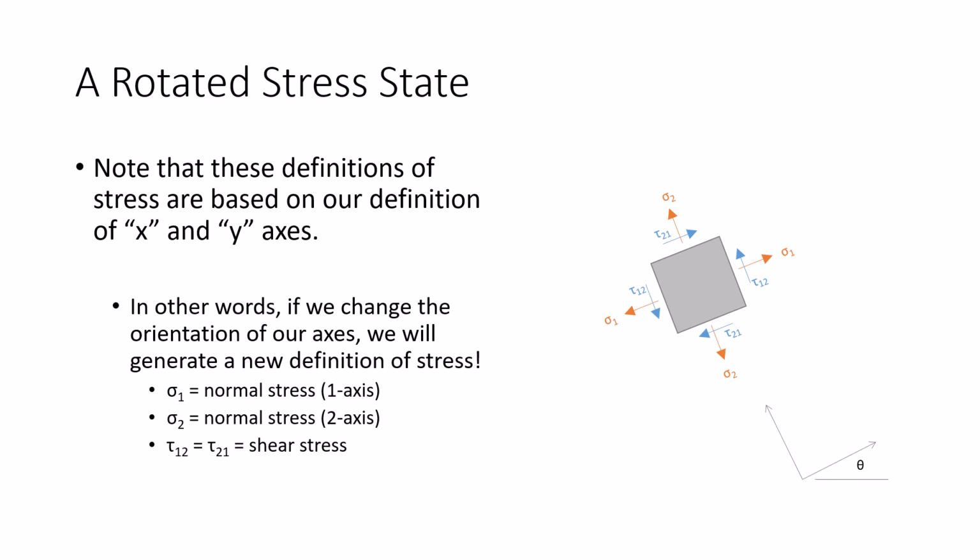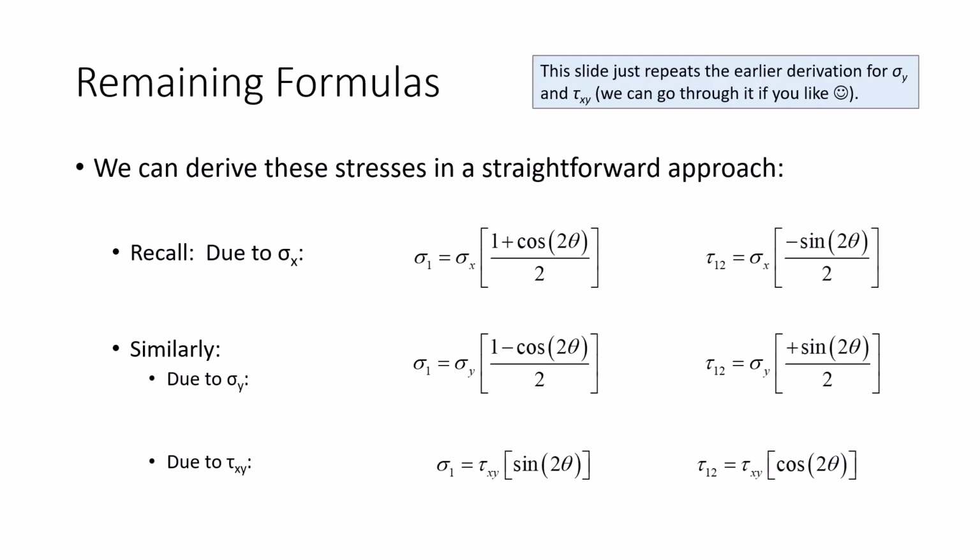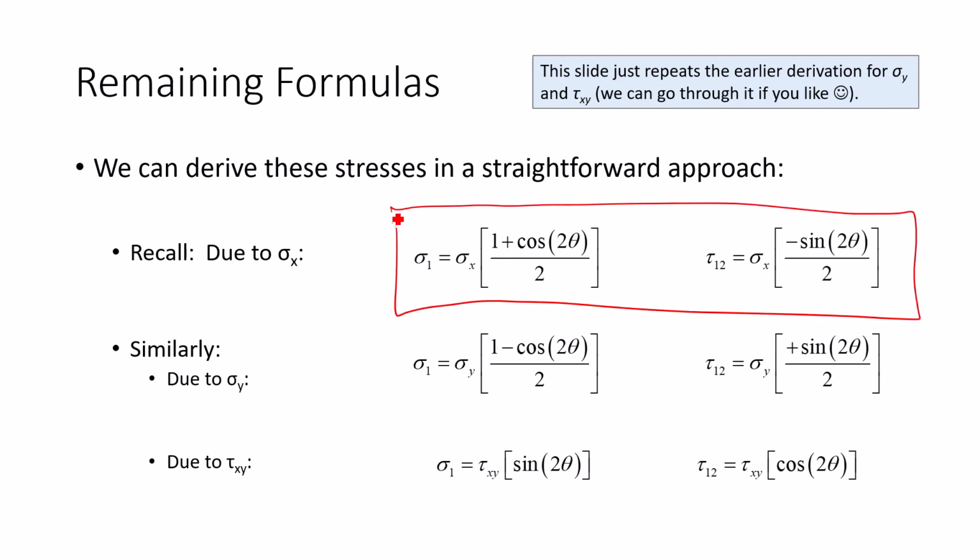Sigma 2, tau 1 2, etc. This is actually me skipping a lot of math. In that red box, that's what we've already done. We just did that in the past few slides. Sigma 1 equals sigma x times some trig.